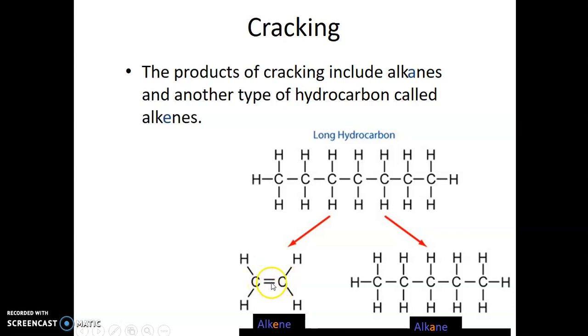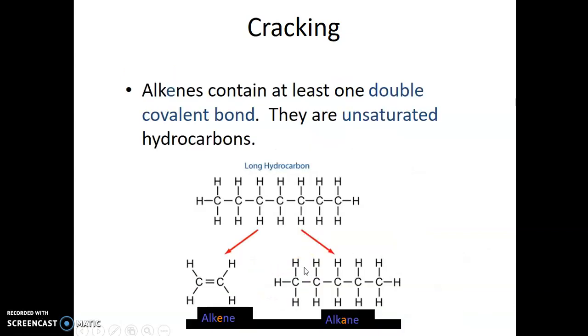That means it is what we call an unsaturated molecule. If so required, you could open up that double bond and attach something else to the bonds. So it is not completely full up, as it were. It is unsaturated because it has a double bond.